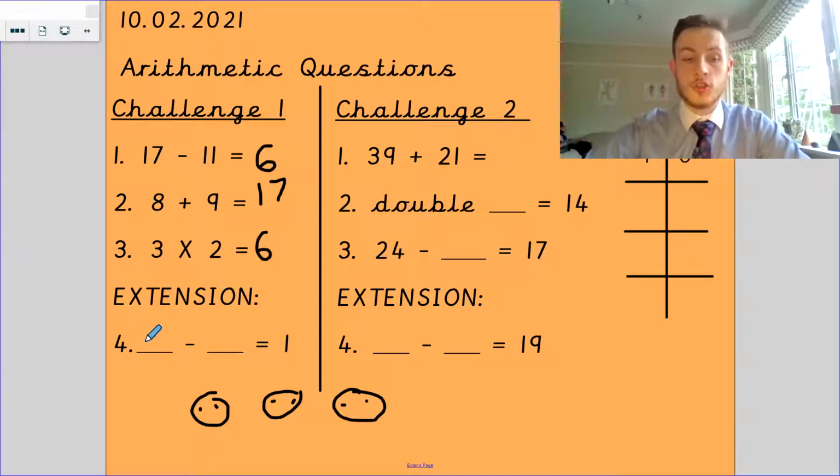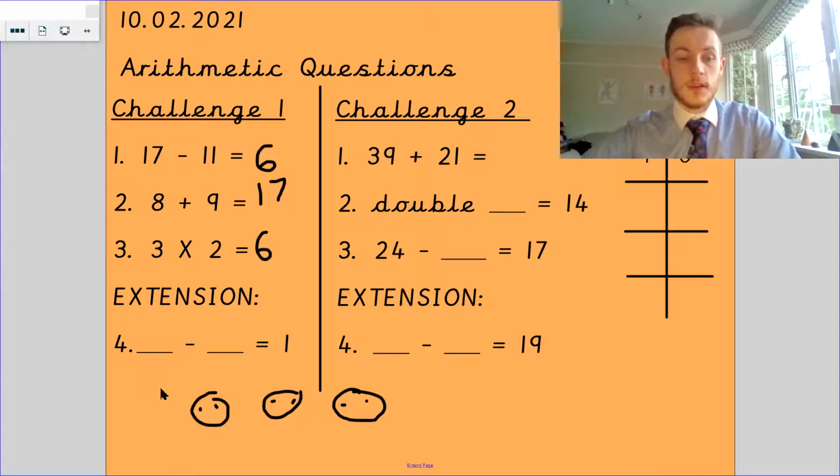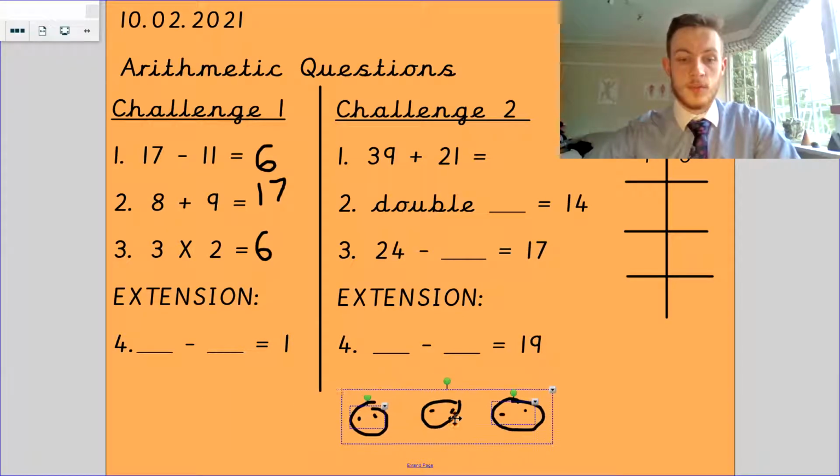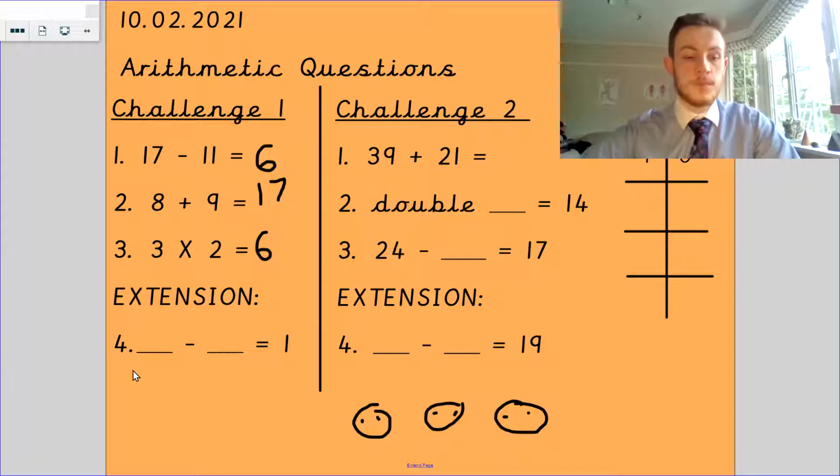Something take away something is 1. Well, you could do 1 take away 0. We're good at these now, aren't we? 1 take away 0. 2 take away 1.